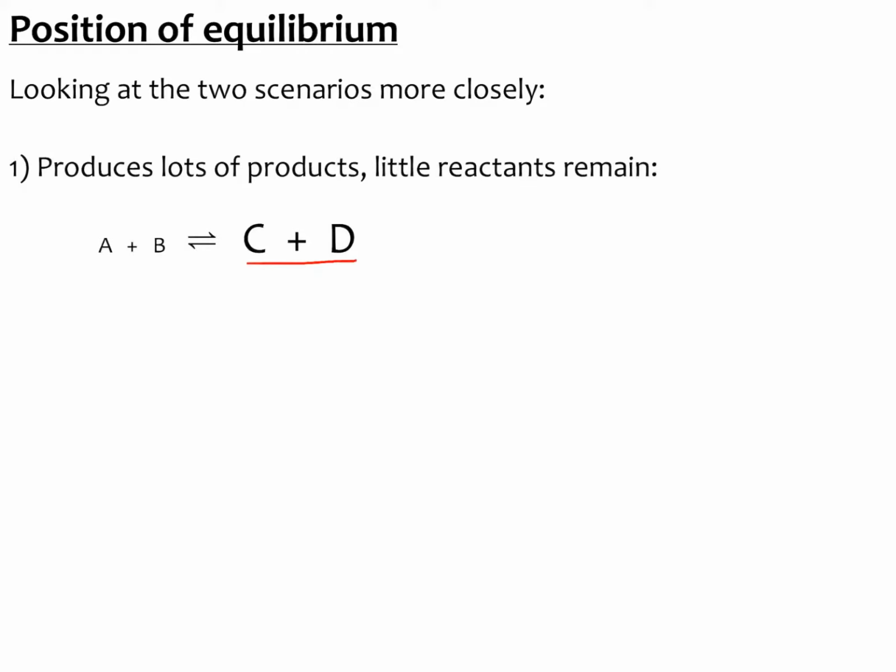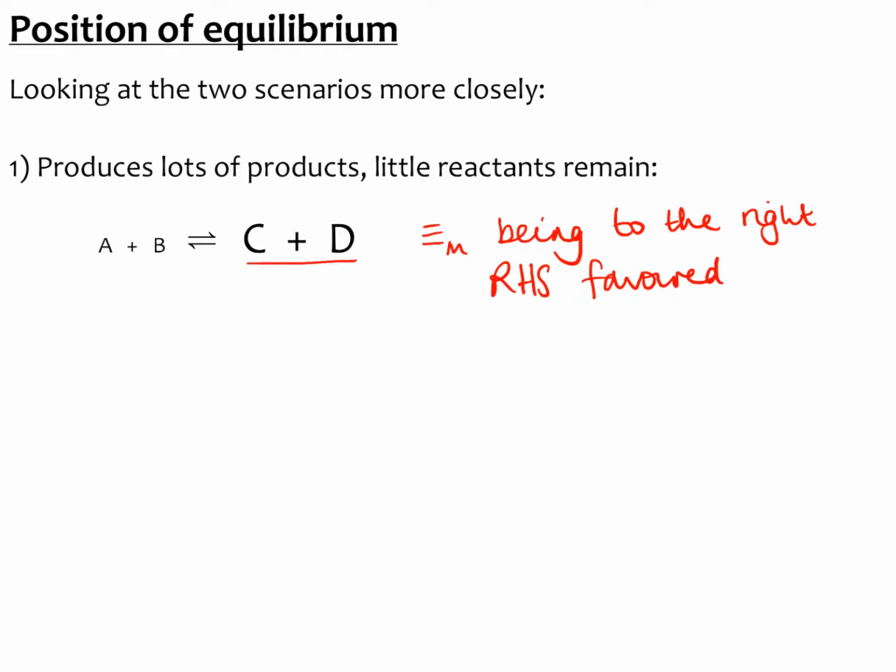Now here we'd refer to this as the equilibrium being to the right, or the right hand side is favoured. So that's two ways of just describing where the position of equilibrium is sitting. If the products are being favoured, the equilibrium sits to the right hand side.